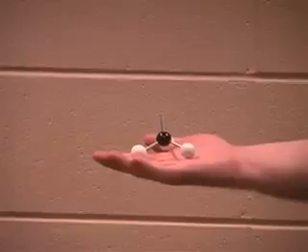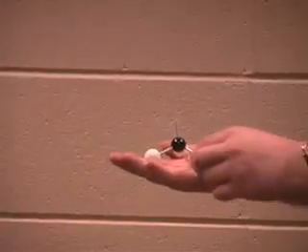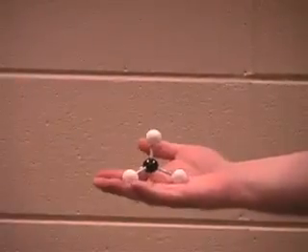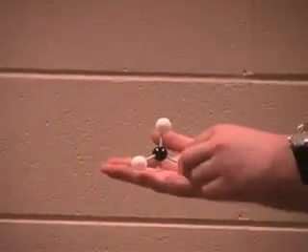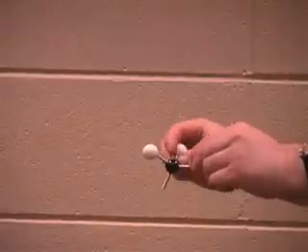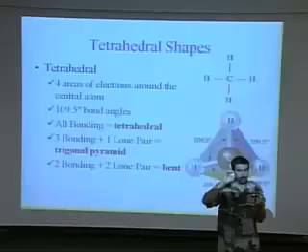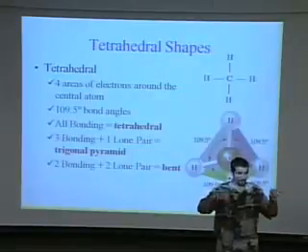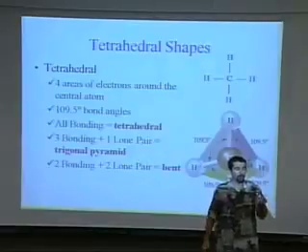So let's say I had this. Okay, now this is a little different than what I just showed you last time, because I've actually got four things sticking out instead of three. In this case, I started with trigonal planar as my basic shape, but this pair right here no longer is involved with bonding. It's just floating electrons, but they're still exerting a repulsive force. Okay? So what does this look like?